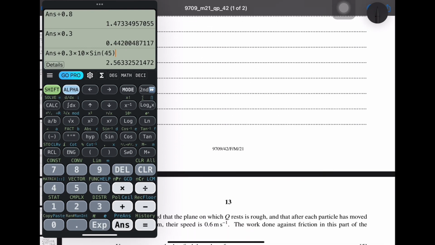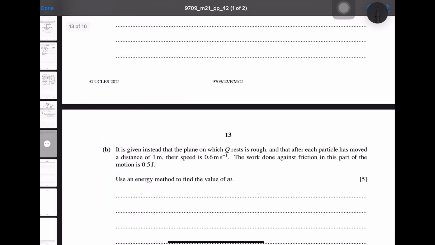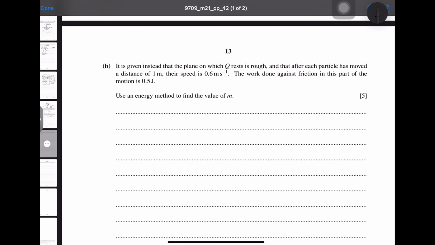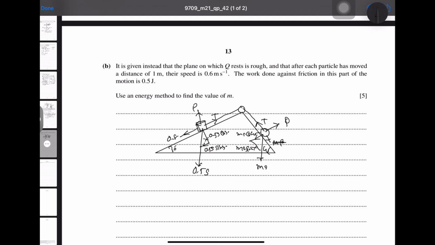Okay. Now it is given instead that the plane on which Q rests is rough. That is, there is friction and its work is 0.5 joule. Okay, fine.